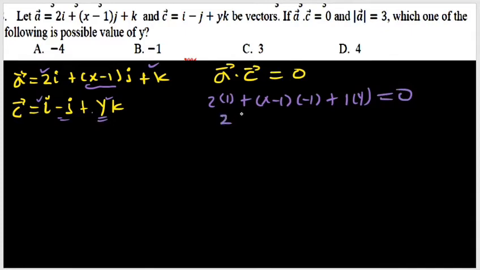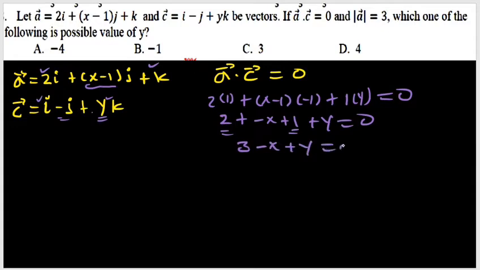This is the same as 2 minus x plus 1 plus y is equal to 0. Finalizing, 2 plus 1 is 3, so 3 minus x plus y is equal to 0. Let us keep this.